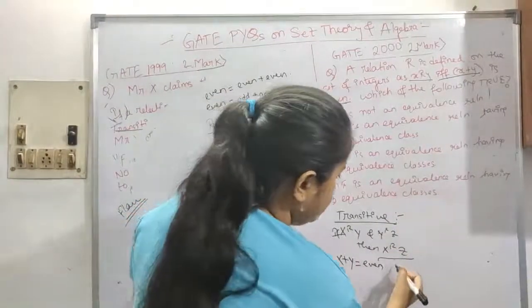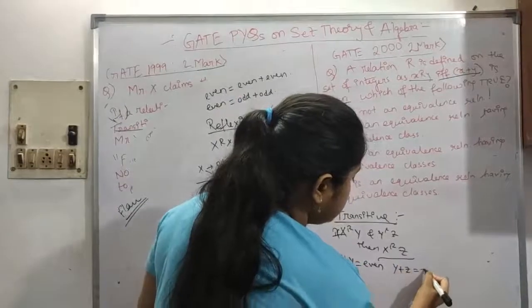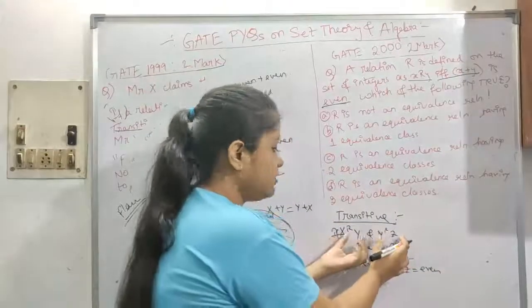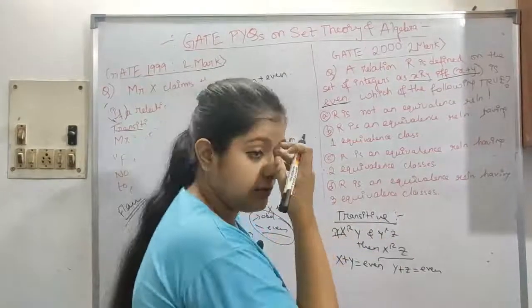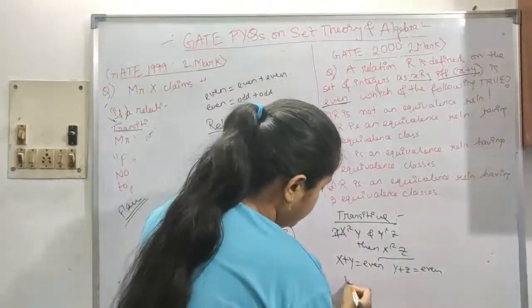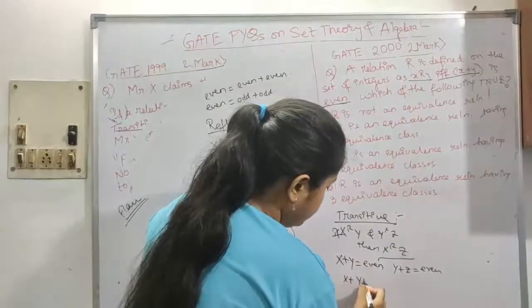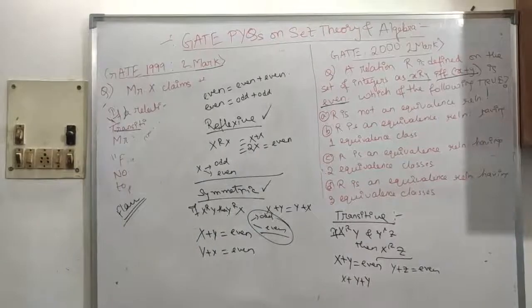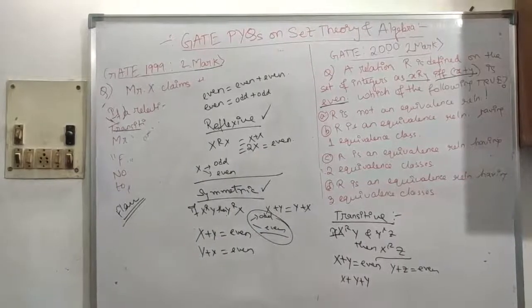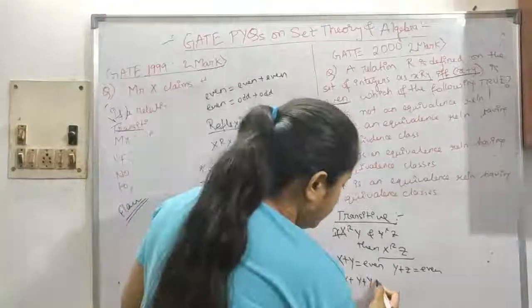Then y plus z is also even, because this has to be present, right? Both have to be present, then we have to check whether this is present or not. So then x plus y plus y, I think this is visible or not, let me check. Yes, actually this is visible. Okay, so now plus z.